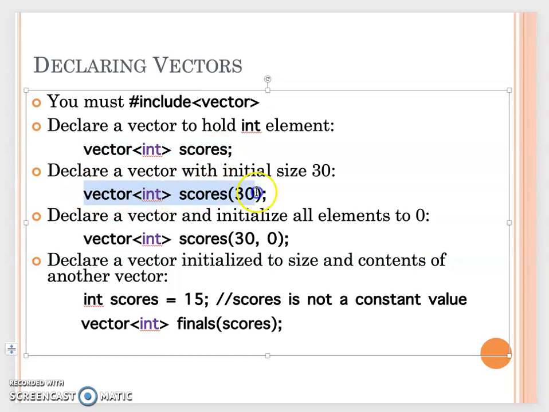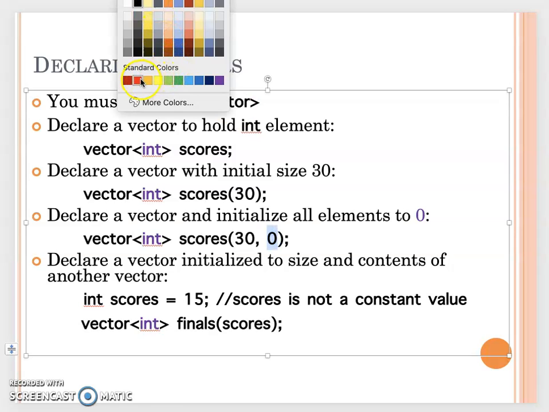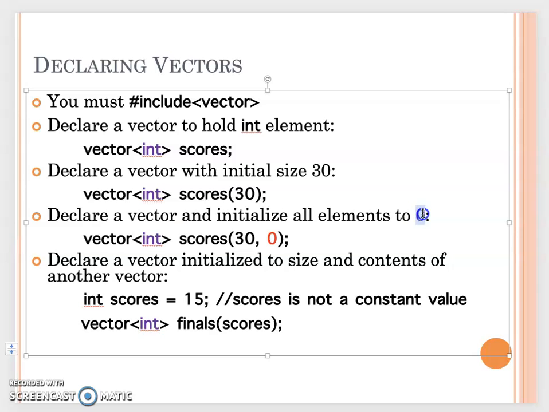Or maybe you have 30 students, so we specify the element size as 30. Then if you want to initialize all 30 elements to 0, you specify vector int scores with the parentheses, so that you allocate 30 elements. The default value is 0. Let me put the 0 in red color, so you know this 0 came from here.